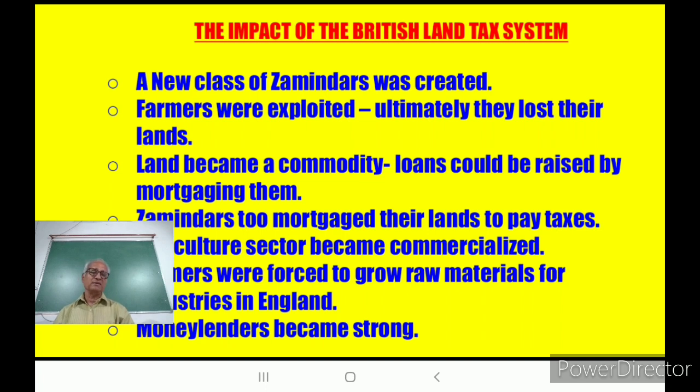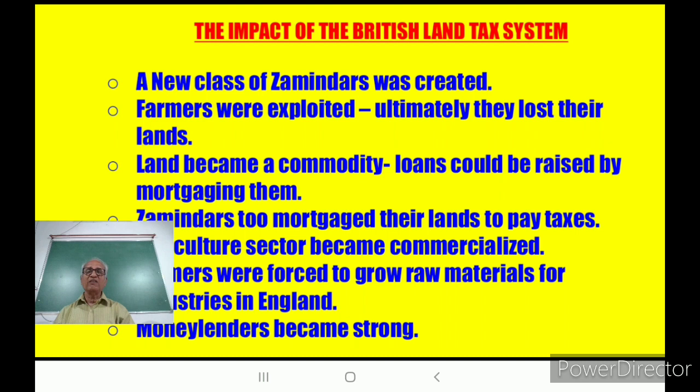So in the country, we had a new class of zamindars getting created. Moneyed people, people who exploited the farmers, people who helped the British earn money, earn wealth. So that's the first aspect we find.